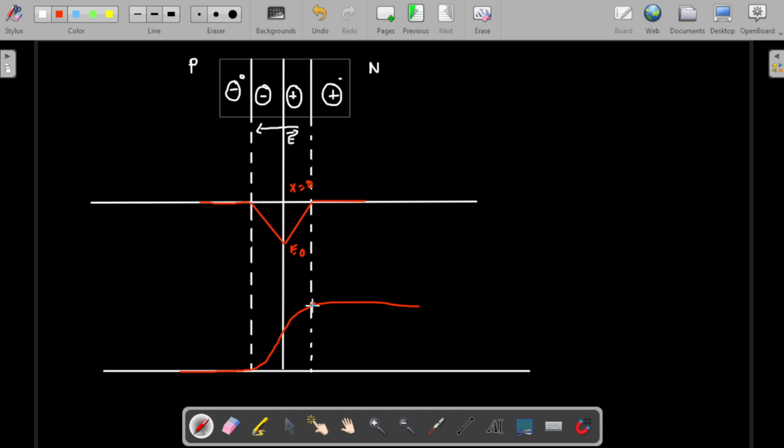Up to this point the built-in voltage will be 0. After that it increases, and then it stays constant with no further increase. At this point it is the maximum, which is V naught. This entire gap we can represent as V naught.